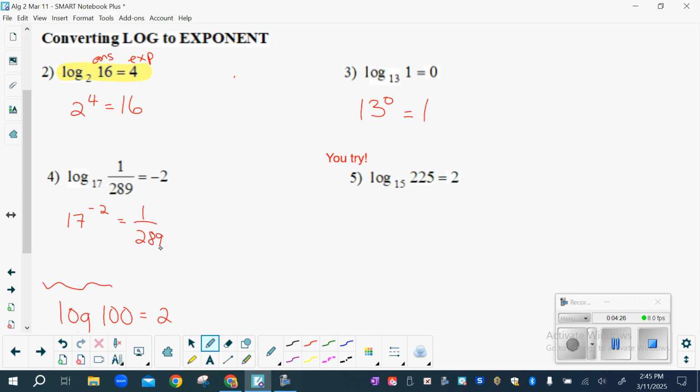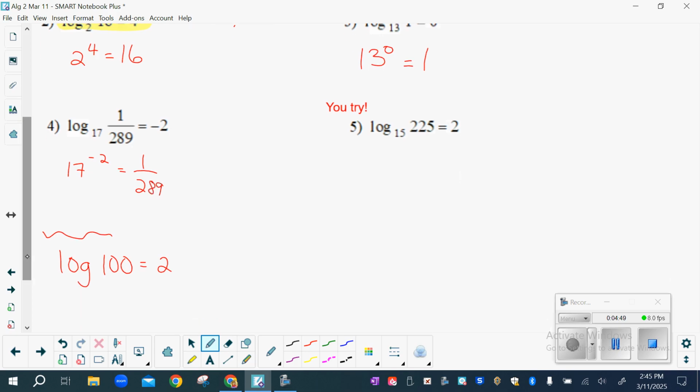Oh, I know. I understand. Hey, everybody, I had it right. Base 15, exponent 2 equals 225.